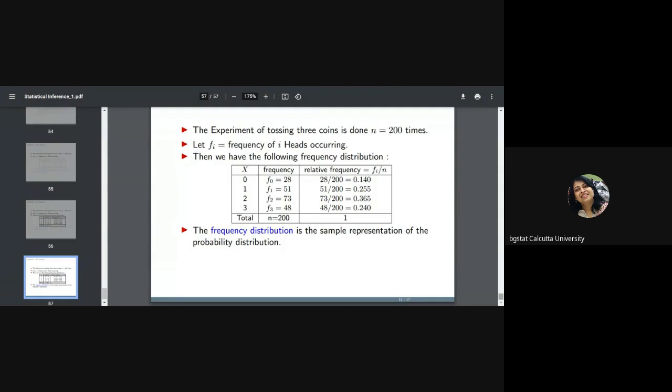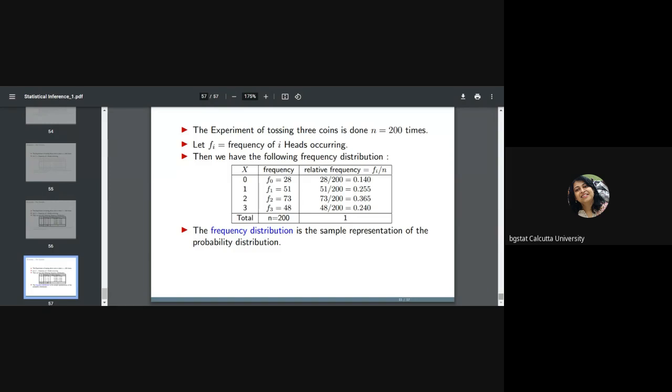Out of these, I'm looking at my observed frequency of observing 0 heads, 1 head, 2 heads, and 3 heads. It turns out that out of the 200 tosses, 28 resulted in 0, 51 resulted in 1, 73 resulted in 2, and 48 resulted in 3.